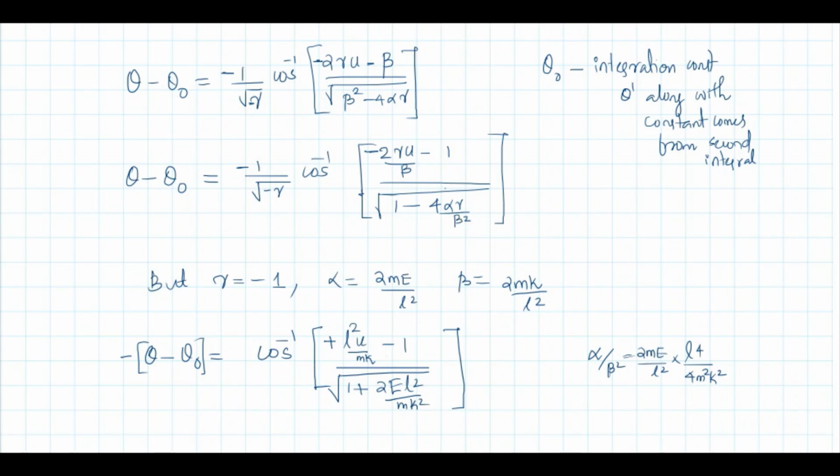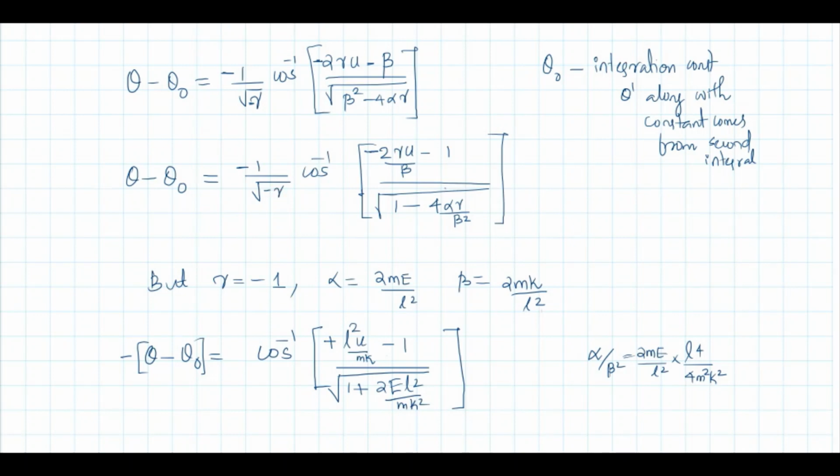Now I will substitute back all the values. Gamma is minus 1, alpha is 2me by L square, beta is 2mk by L square. Substitute all those values here. I multiply the entire equation with a negative sign. Minus of theta minus theta naught equals; minus gamma becomes plus 1, 1 by root 1 is 1.